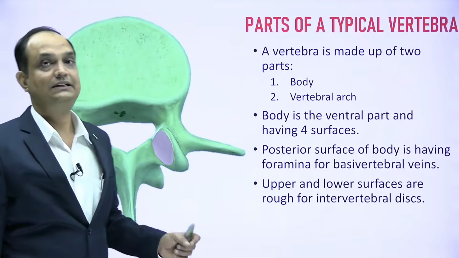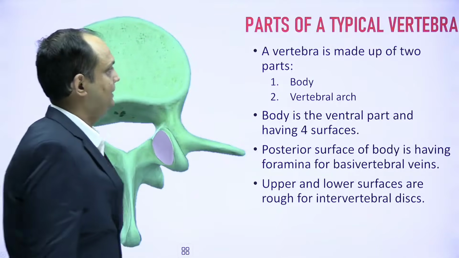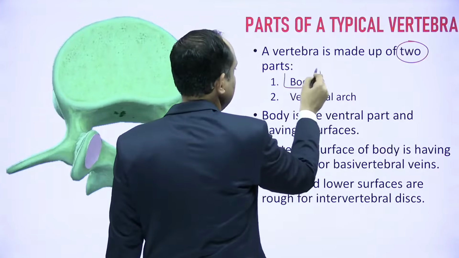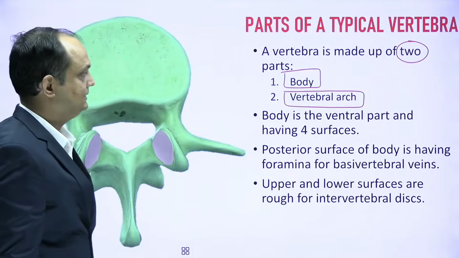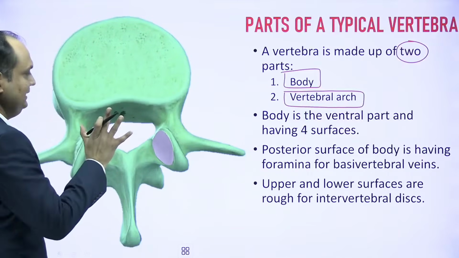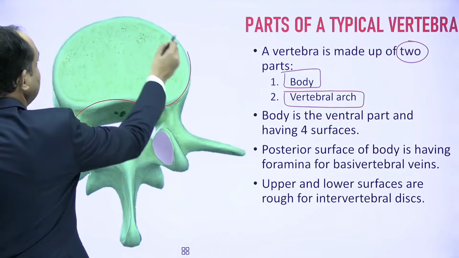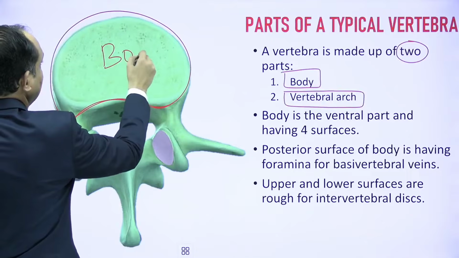Now we will see the different parts of the vertebra. A vertebra is made up of 2 parts. One is known as the body, another is known as the arch. The body is the ventral part. When you see this vertebra, this large area is known as the body of any vertebra.